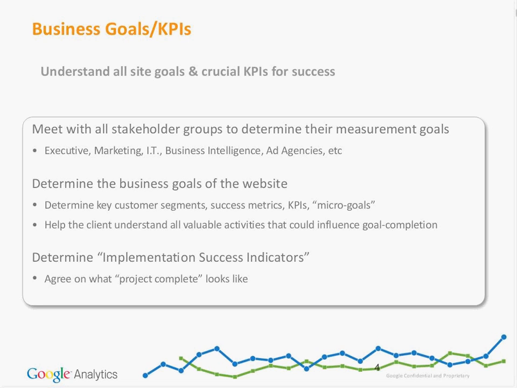Because at some point, something influenced them to either get close to the point of conversion or it completely deterred them from their conversion process. So it's important to identify what helps or hurts the experience along the way to that conversion so that you can better analyze and optimize those features.